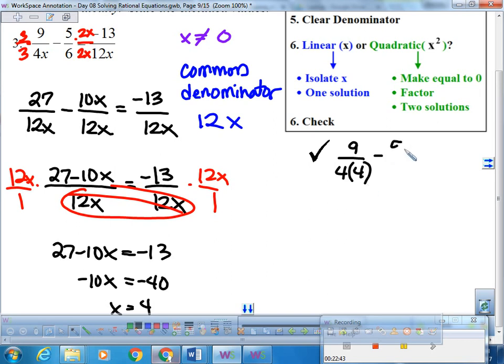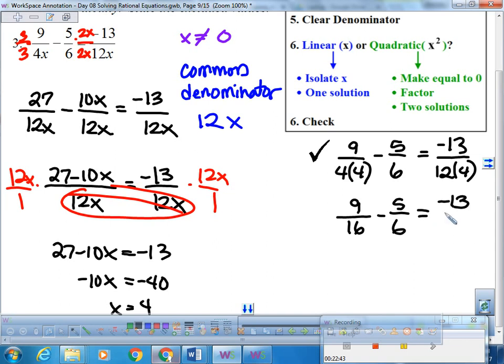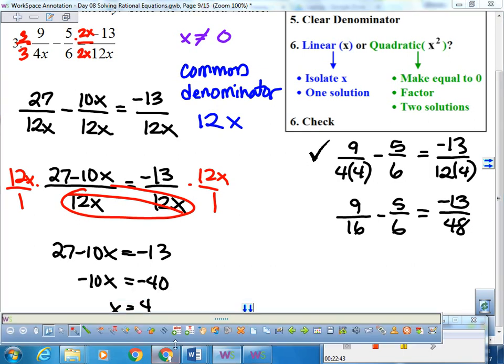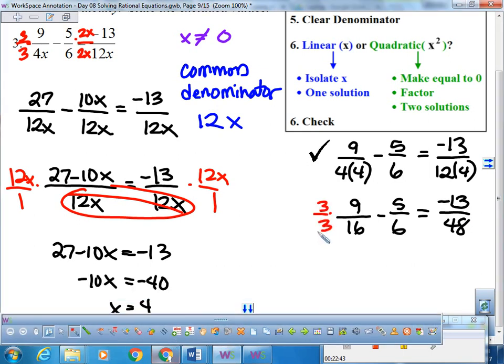Minus 5 over 6 equals negative 13 over 12 times 4. 9 over 4 times 4 is 9 over 16, minus 5 over 6 equals negative 13 over 48. Can I turn a 16 into a 48? By 3? And can I turn a 6 into 48? By 8? Ooh, time's up.